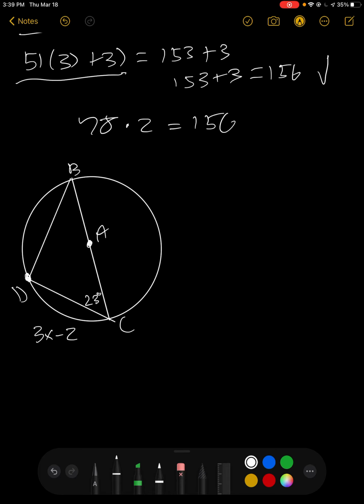So what we need to know here is that segment BAC is the diameter.